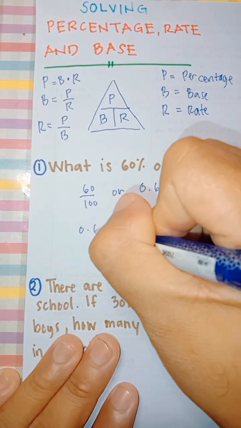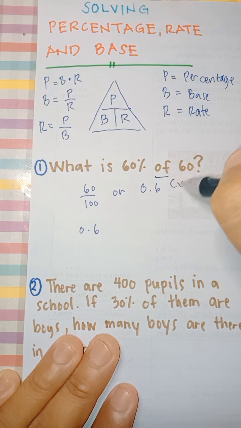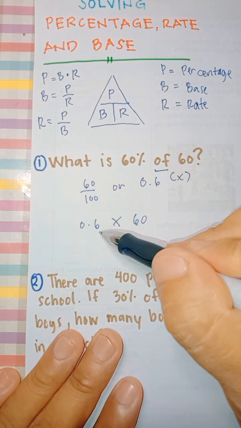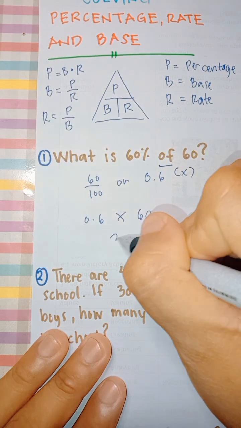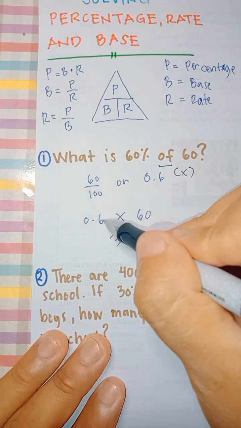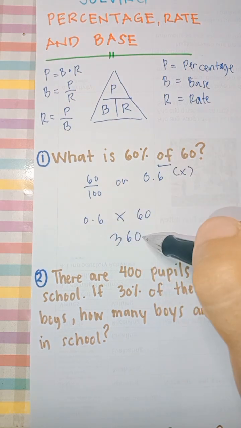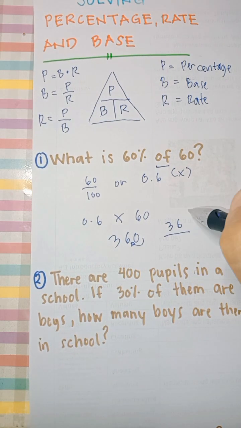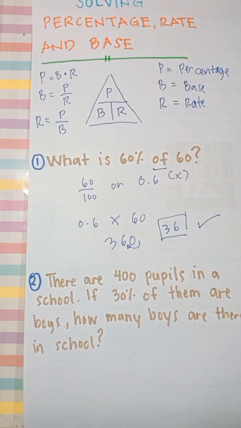The word "of" is multiplication, so 0.6 times 60. Now 6 times 60 is 360. This decimal has 1 decimal point, so let's move 1 decimal point to the left. So the answer is 36. So 60% of 60 is 36.